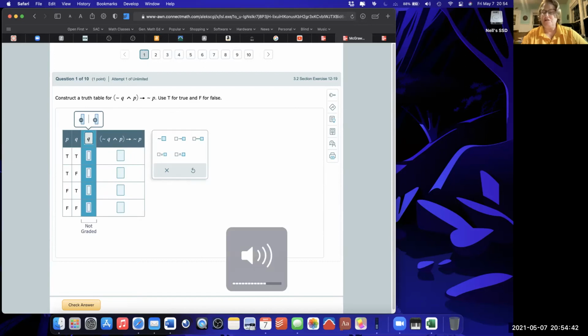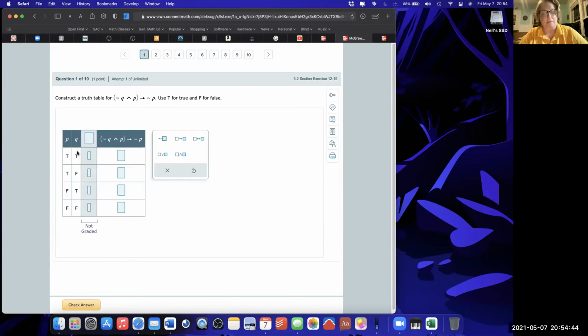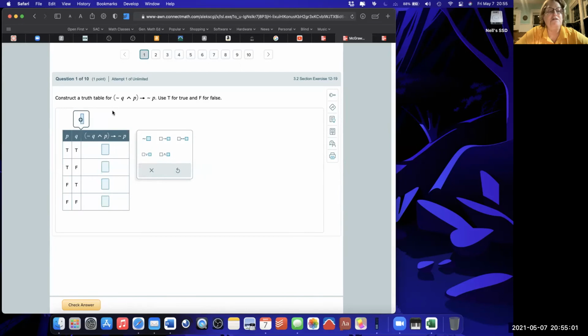It won't even let me do that. The only letters it lets me put in are P or Q. So in this case, I was wondering whether or not this little thing was helpful, but it actually isn't, since we can't construct the actual pieces that we need in order to get the truth of the end.